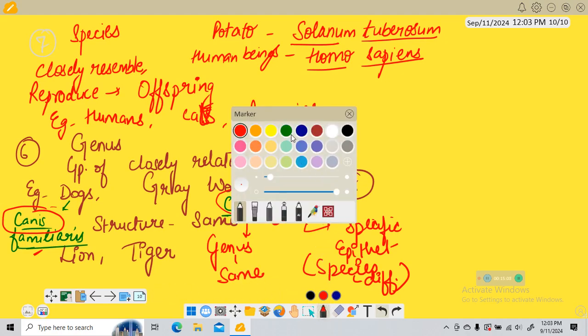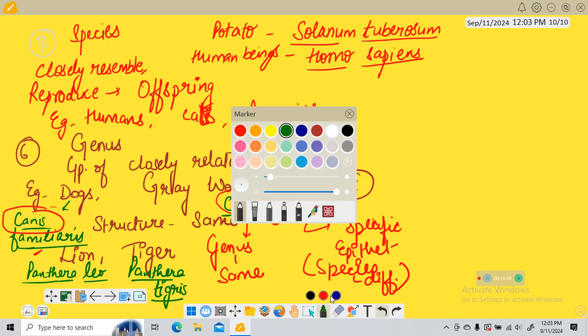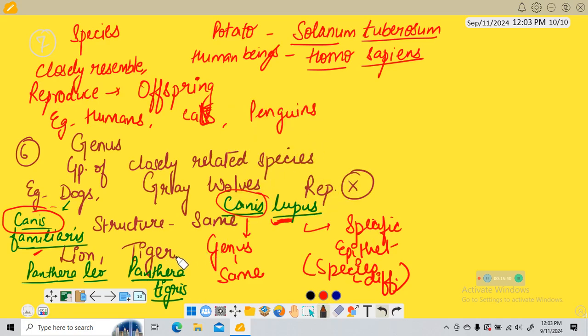Similarly, in case of lion and tiger also. Lion is Panthera leo. Tiger is Panthera tigris. And along with that, we'll take one more example: lion, tiger, and leopard.